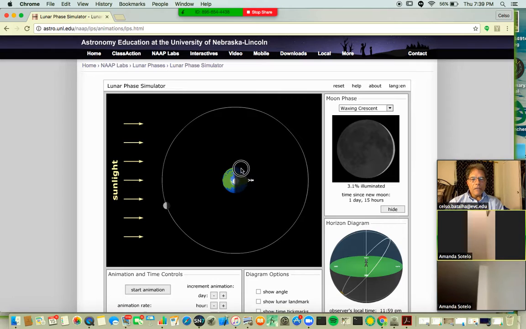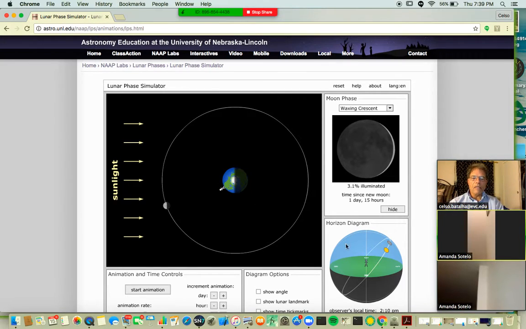So what this software allows you to think of is Earth's rotation as one independent motion it has. Because the sun is not stationary, but nearly stationary at a point in space, we have this impression of day and night as if the sun were moving, but it's not.